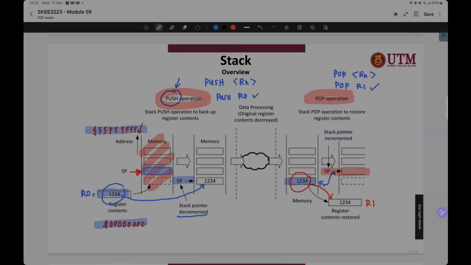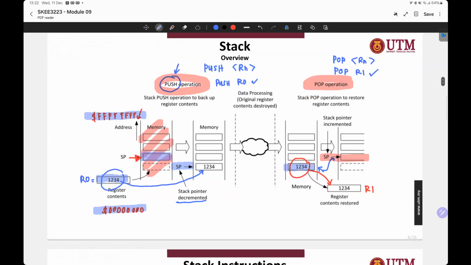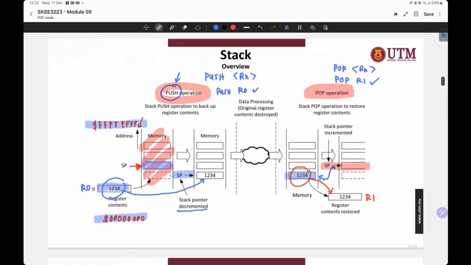But most of the time for the ARM processor, we're going to push 32-bit data. So for 32-bit data, the memory will be incremented by 4 bytes, or decremented by 4 bytes.